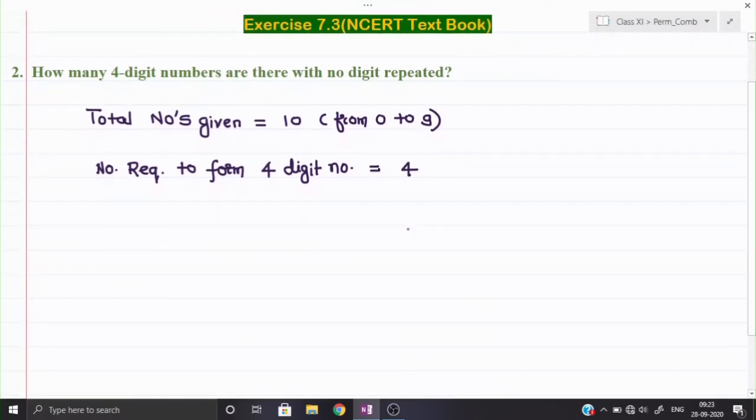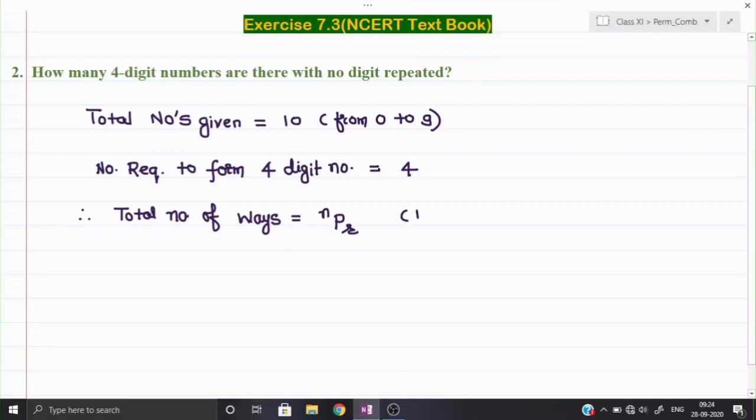Therefore the total number of ways will be equal to nPr.